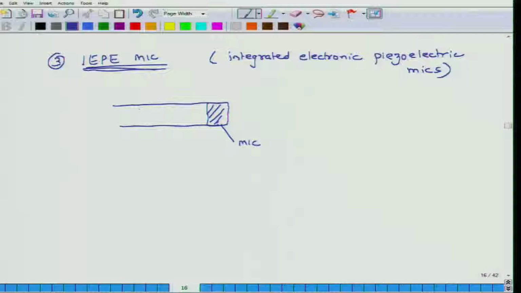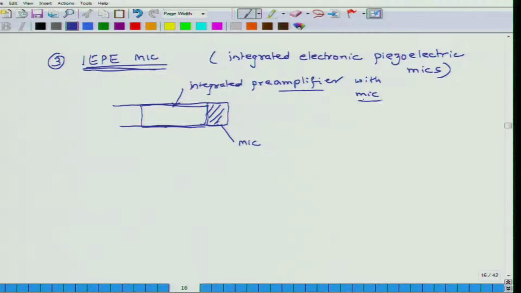So a lot of times you may have an integrated preamplifier. You cannot separate it; you get the microphone and the preamplifier as a package, an integrated preamplifier with the piezoelectric mic. This type of configuration is what is known as an IEPE type of microphone.